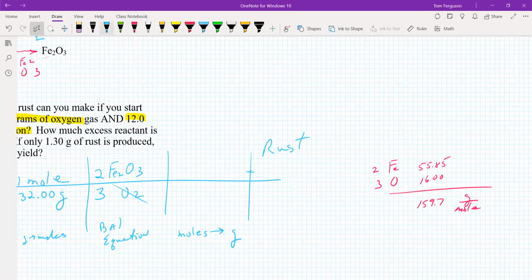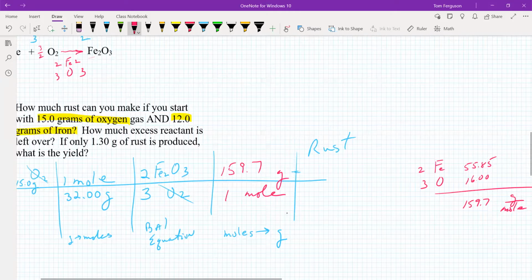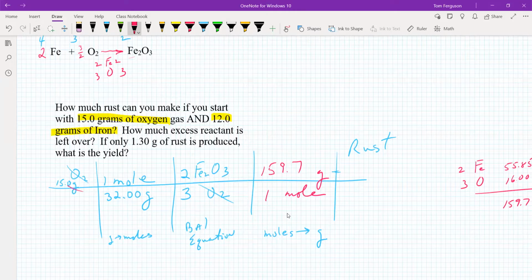Okay, so that's going to go here. So we've got grams cancel, moles cancel, gives us grams of rust.